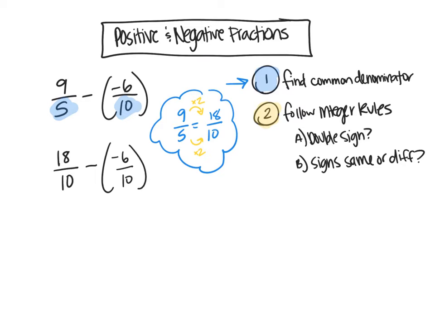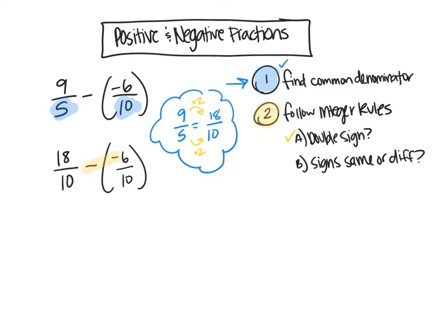So I've done step 1, which is to find a common denominator. Now step 2 is to follow the rules that I've had for integers. So is there any double signs? Yes, there's a double sign right here, that double negative.